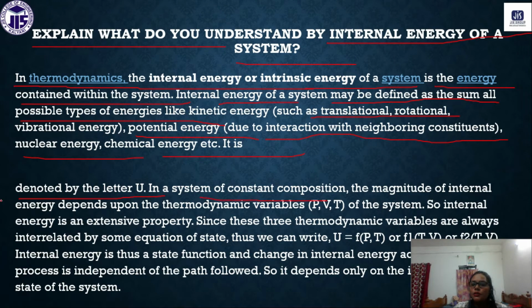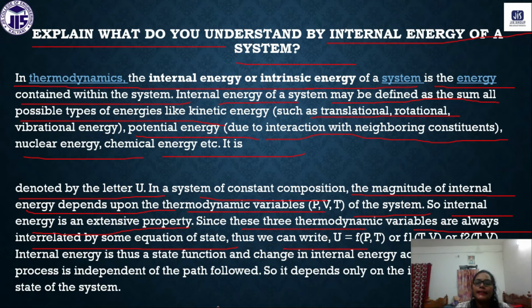In a system of constant composition, the magnitude of internal energy depends upon the thermodynamic variables, that is pressure, volume and temperature of the system. So internal energy is an extensive property. Since these three thermodynamic variables are always interrelated by some equation, we can write U equals a function of pressure and temperature, a function of volume and temperature, or a function of temperature and volume.